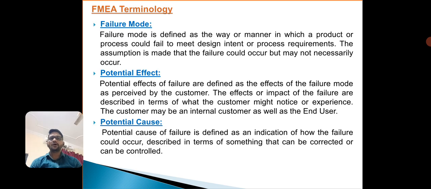How the failure could occur, that is the cause, and the potential effect perceived by the customer or individual, that is severity. And failure mode means that failure could occur but may not necessarily occur. Failure means the product or process could fail to meet its requirements. That is failure mode.